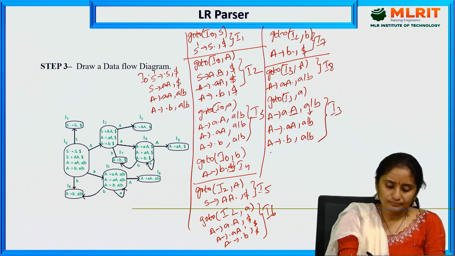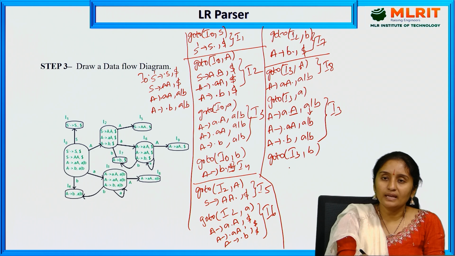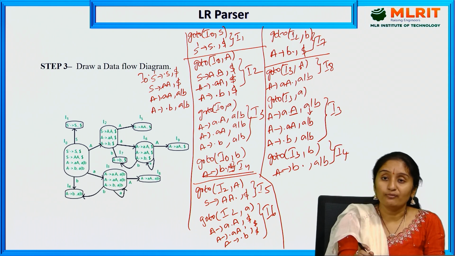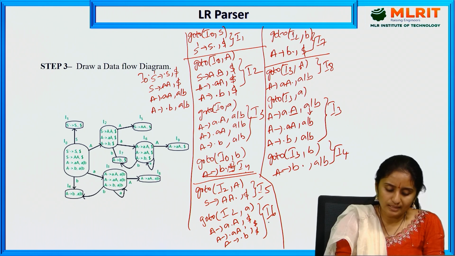Now go to I3 comma B. I3 comma B is nothing but A tends to b dot comma a by b. These and these are matching, so I4. Now I3 is completed, I4 is done, I5 is completed. Then we have I6.